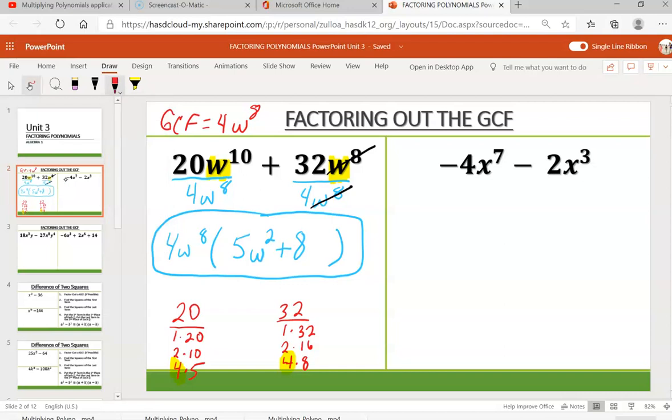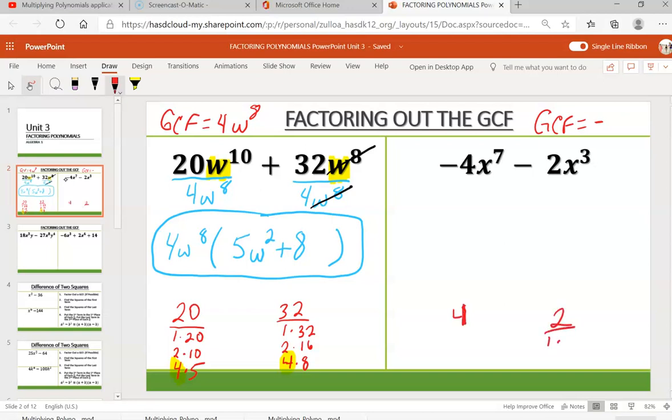Here's something that we didn't hit in the first problem. If the leading term or the leading coefficient is negative, your GCF is negative. So before I even find what 4 and 2 have in common, I'm going to take a negative. Okay. So now I'm going to put the factors of 4 and the factors of 2.